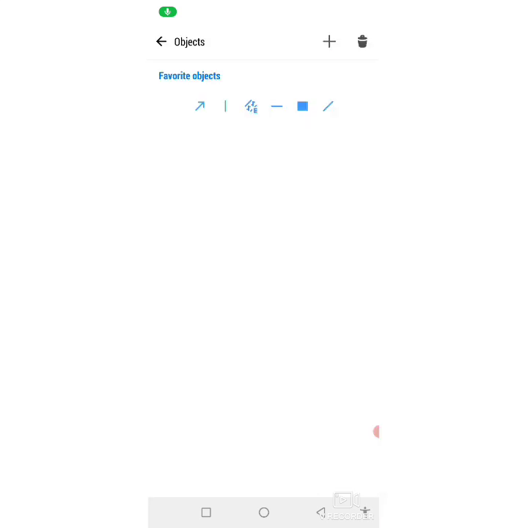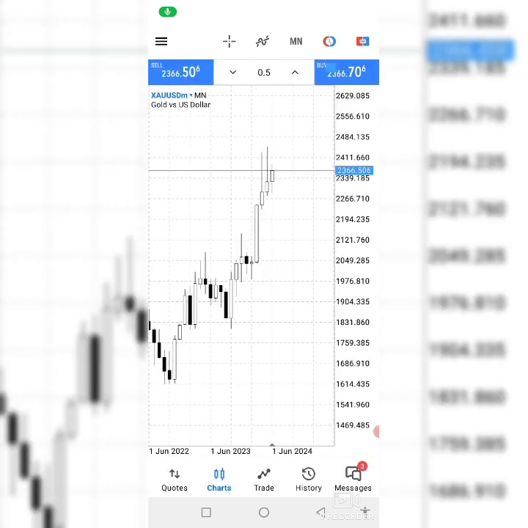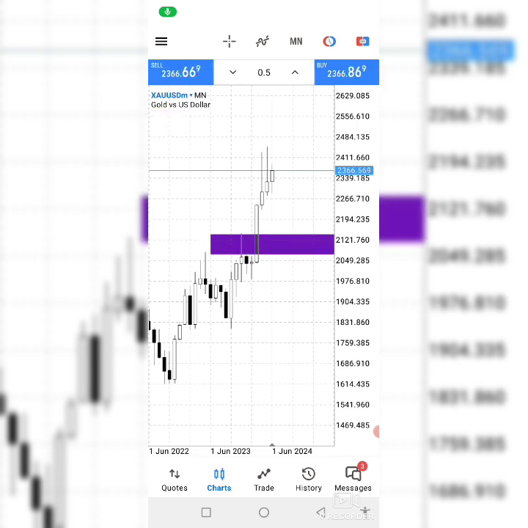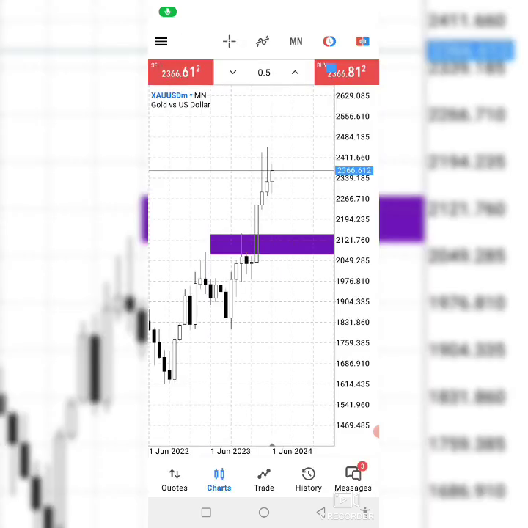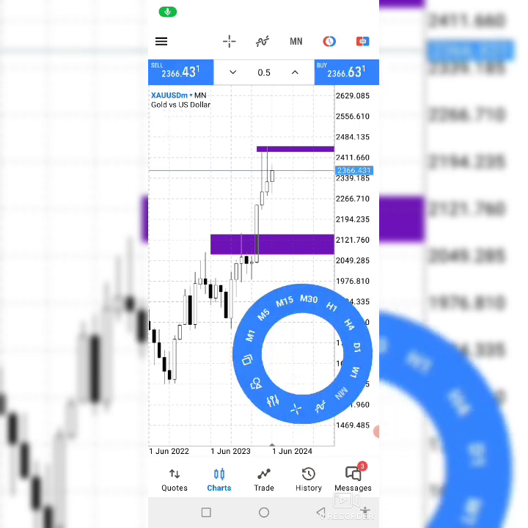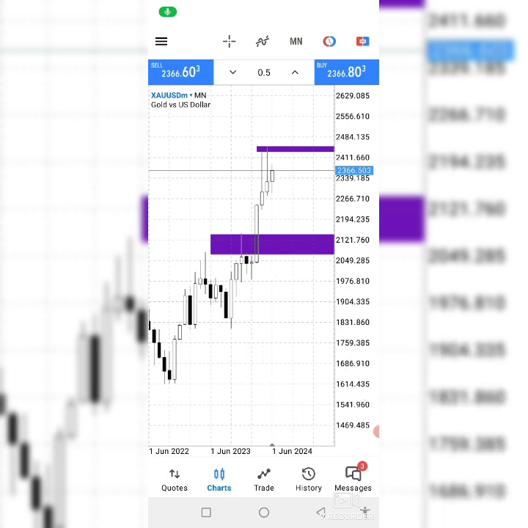What I see is that gold broke this level, and currently it is rejecting from this level. Gold breaking this level means that gold is buying. The structure is higher highs and higher lows, like the structure is an uptrend.